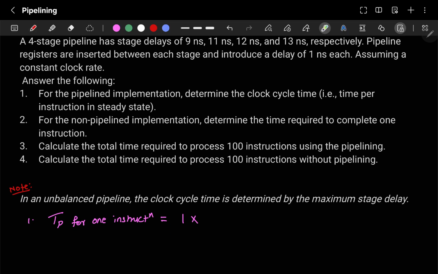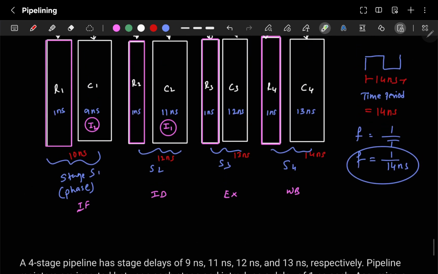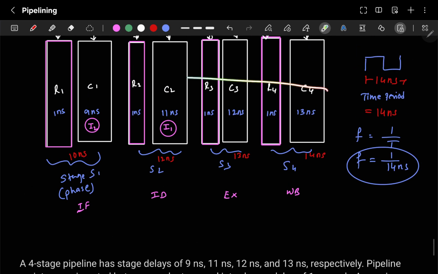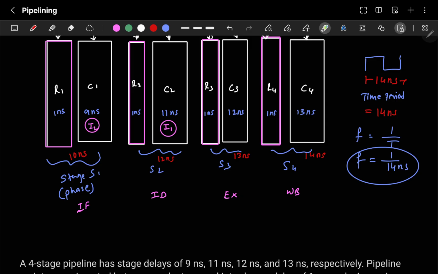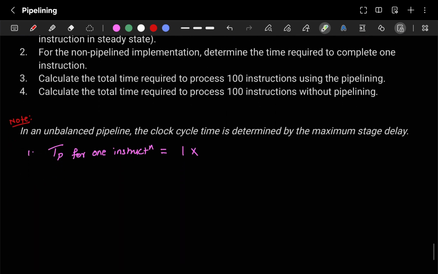To solve this question, just remember this note: in an unbalanced pipeline, the clock cycle time is determined by the maximum stage delay. So here what is the maximum stage delay? That is 40 nanoseconds. That would be the time taken by the pipeline, the time period for the pipeline.